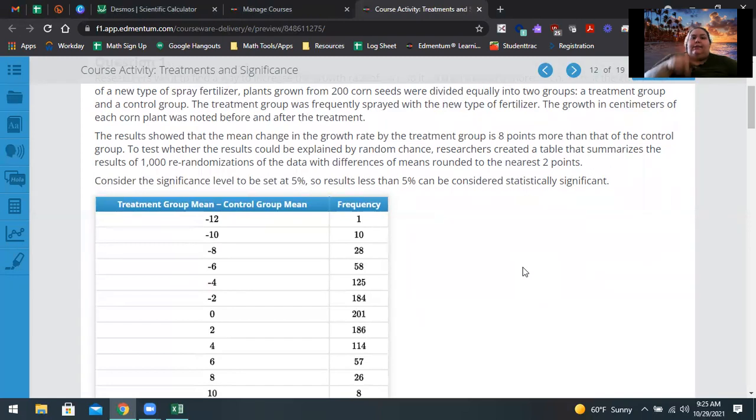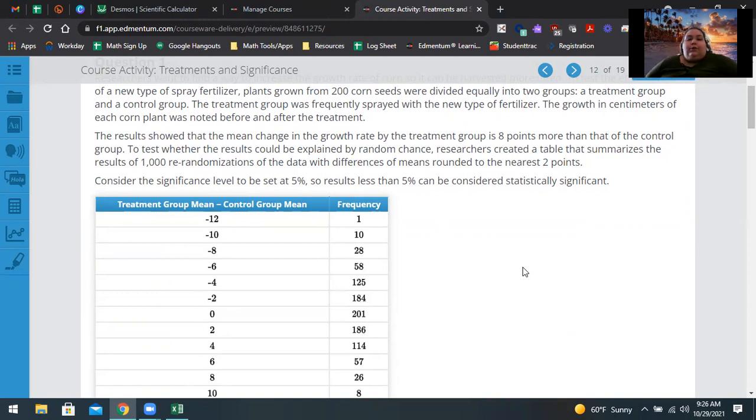So that idea, what you did in the table, you found the average for group A, then you found the average for group B. Then we did A minus B of those 2 groups, and then we have that value. So here, it says the results show that the mean change of the growth rate by the treatment group is 8 points or more than the control group.